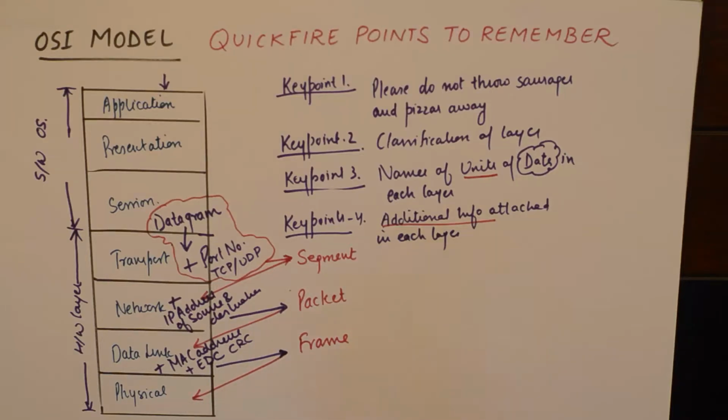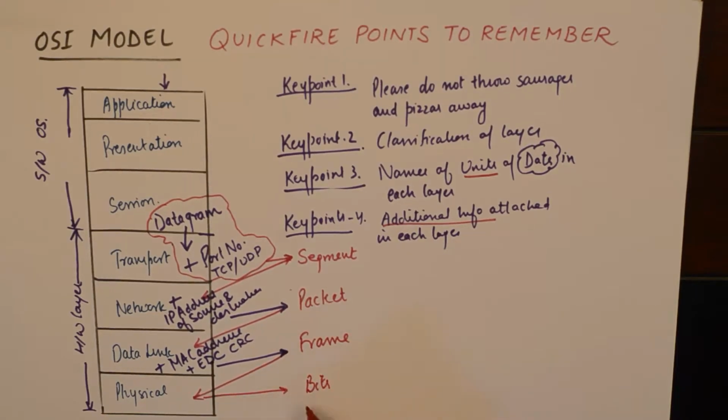So the unit is termed as bits, which are transported over to the physical media or wireless media or optical media, depending upon whatever media that we're using, in the form of zeros and ones.